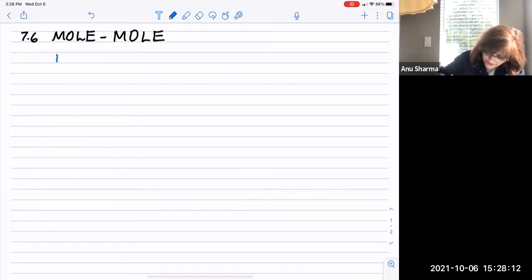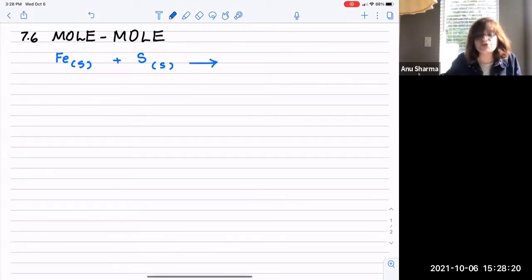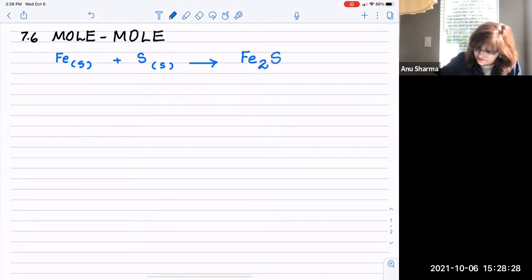Here you have iron, which is in a solid state, reacting with sulfur, which is also in a solid state. When these two are heated and fused, they give you iron(III) sulfide, which is Fe2S3.